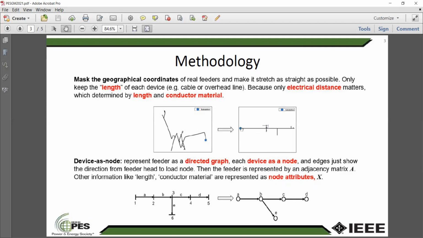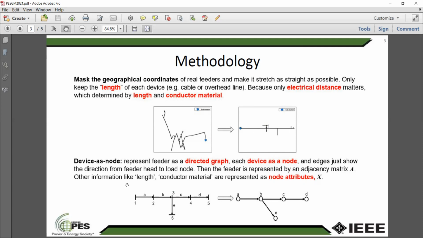After masking the geo information, we only keep the length of each device, so how long the cable or overhead lines are, because in a test system we only care about the electrical distance, and that is represented by the length. We may also care about the conductor material of the overhead line, because it contributes to the resistance of the feeders.